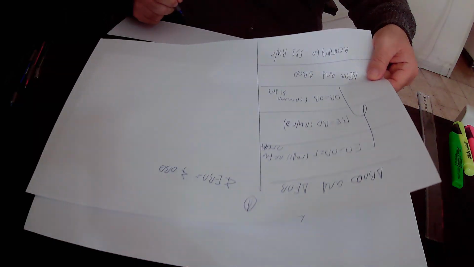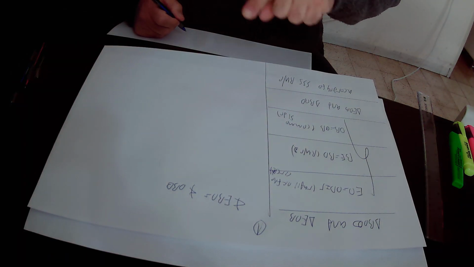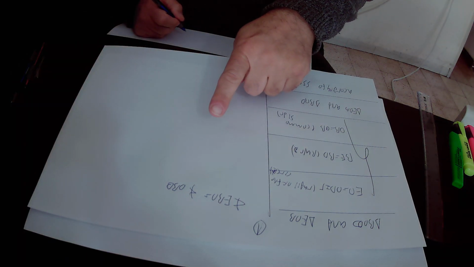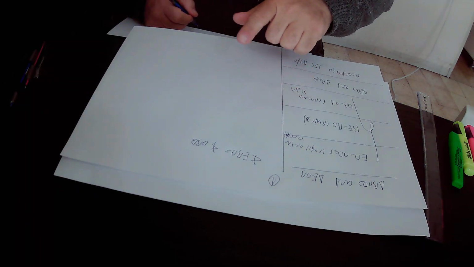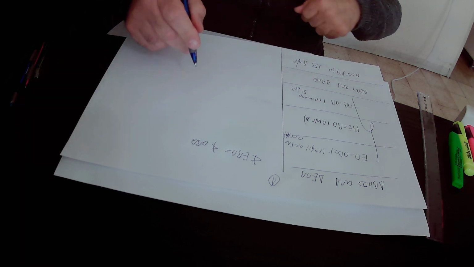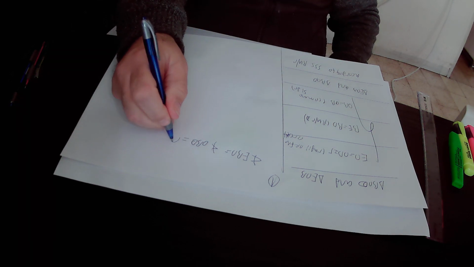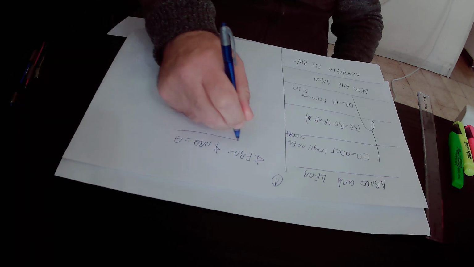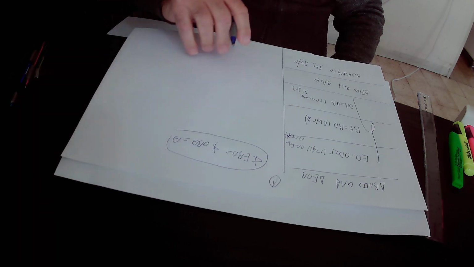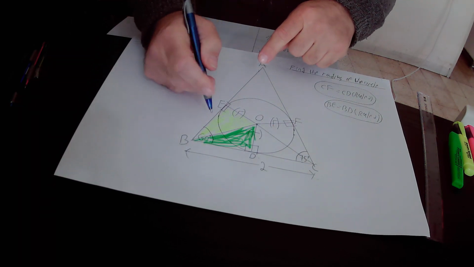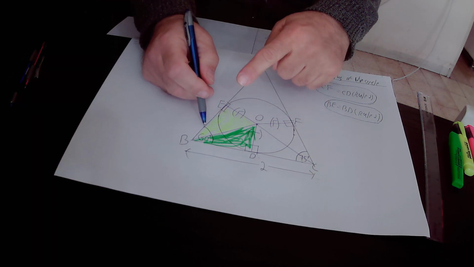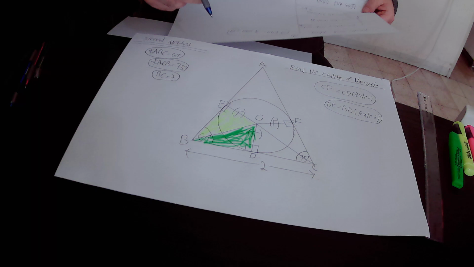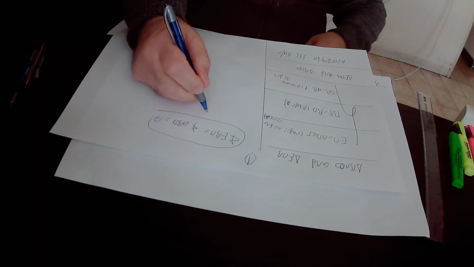So angle EBO equals to angle OBD. So if we define one of those two angles as theta, then the other angle must also be equal to theta because they are equal to each other. So theta plus theta equals to 60 degrees. That is to say 2 theta equals to 60 degrees.